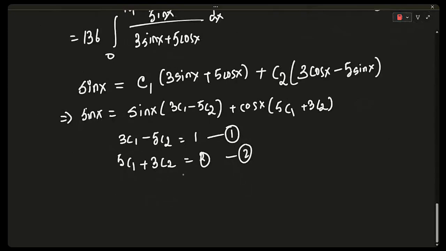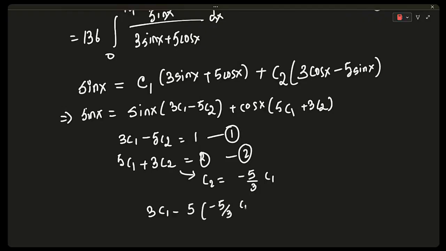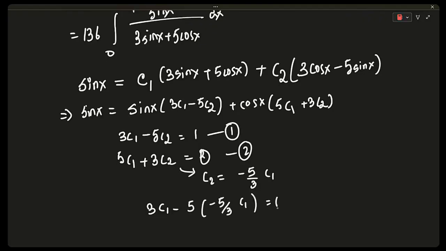Simply find out from this second equation that c2 is equals to kitna? Minus 5 by 3 c1. Put this in the first equation and you should get 3c1 minus 5 into minus 5 by 3 c1 is equals to 1.